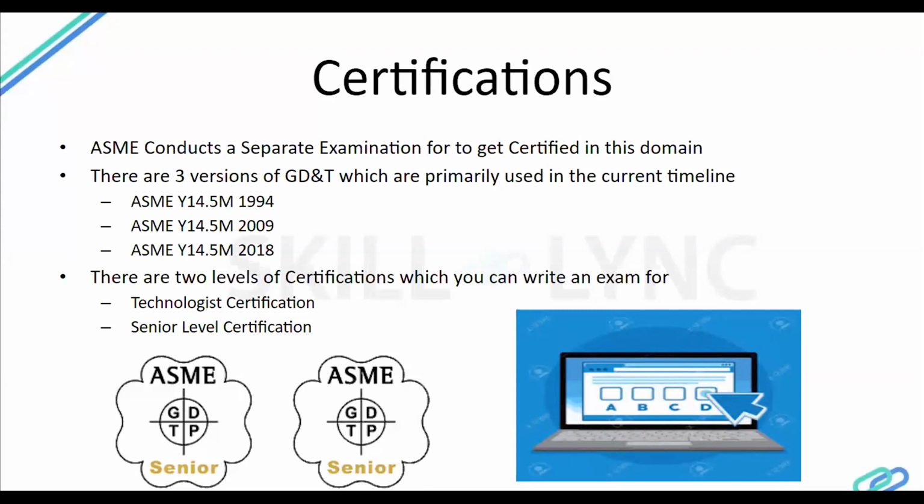For position tolerance alone, we'll have separate sections, and for your datums alone, we'll have a separate section. So like that, we'll have 5 different sections, and in each of the sections you should attain at least 50% of the score, and as a total you should achieve 80% of the score. So that is how significant it is. If it is less than 80, you can go for another attempt.